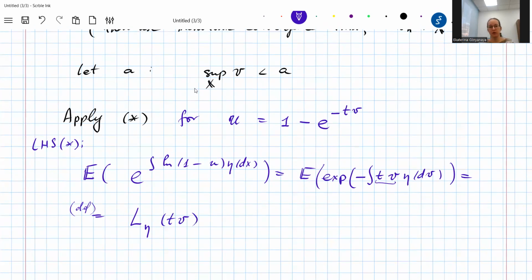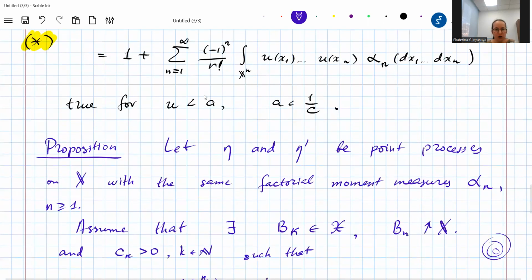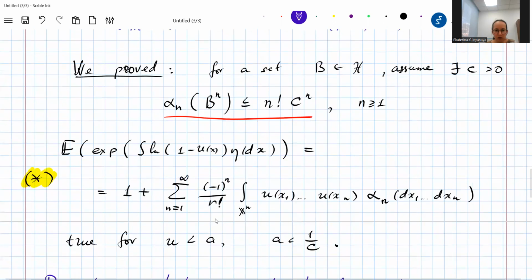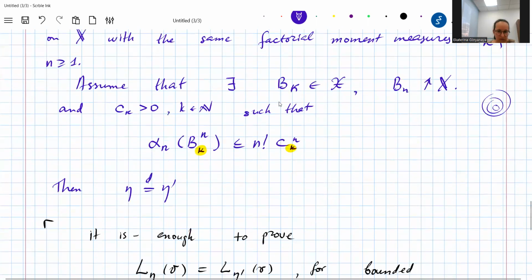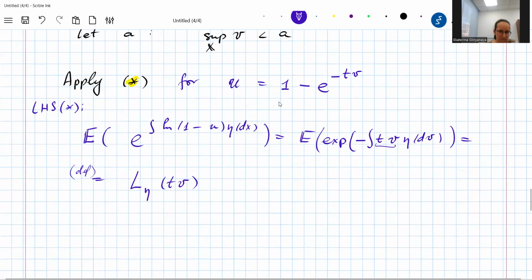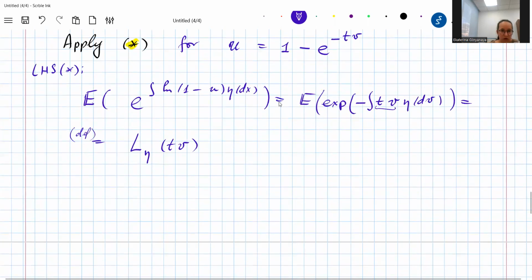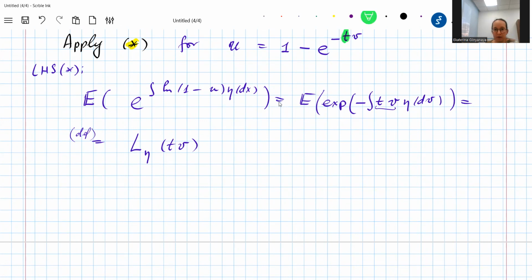Since we want to apply star to this function u, we need to check these assumptions. The first assumption was that u is less than 1 over c, where c is taken here. We can do this by choosing this constant t.